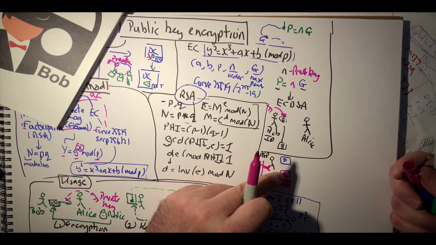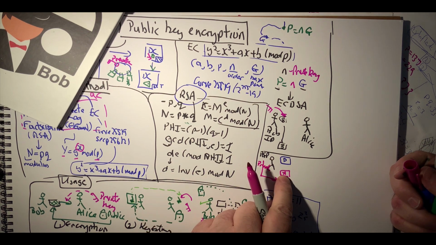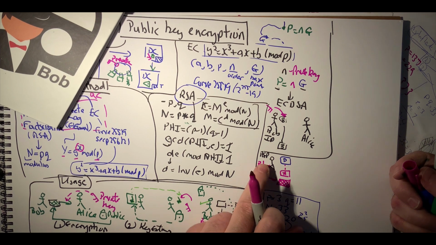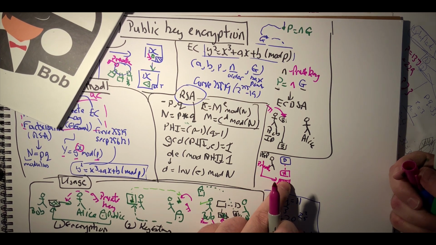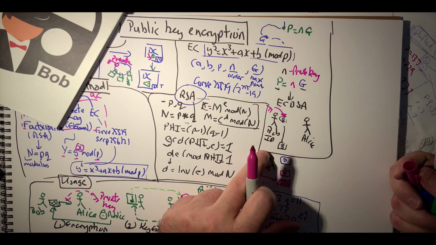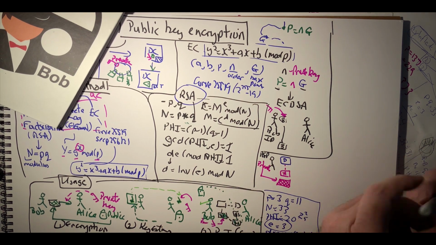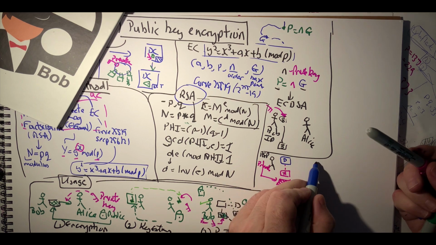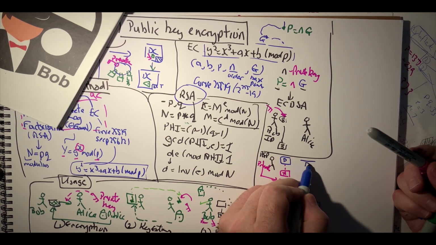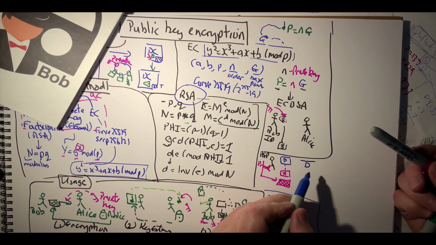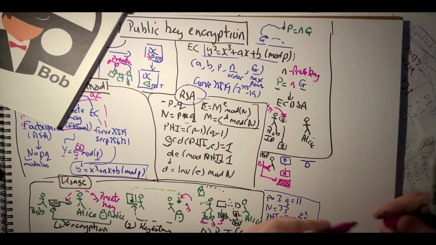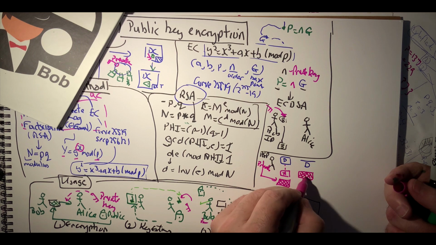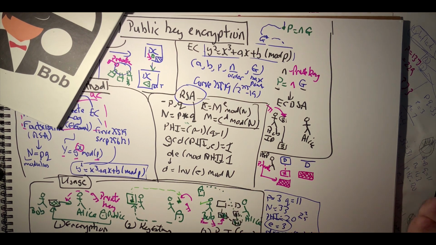Okay, so we take the data, the message, we take a hash of it, and then we create an encrypted version of the hash. This is really a signature that we have. So now we'll take this data and add the encrypted hash into the message.